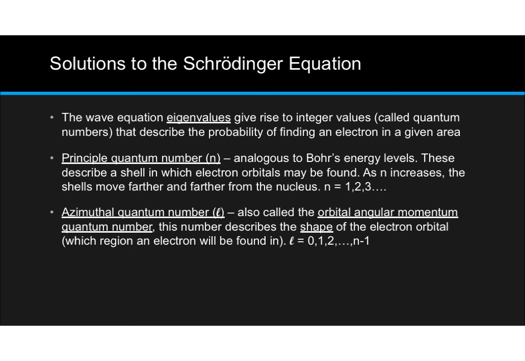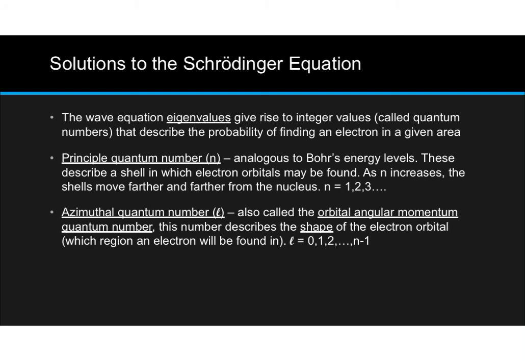Schrödinger's equations treat an electron like a wave. Much like we can treat light as both a wave and a particle, we can treat electrons like a wave and a particle simultaneously. Schrödinger's equations give rise to quantum numbers that describe the likelihood of finding electrons in certain places around an atom.